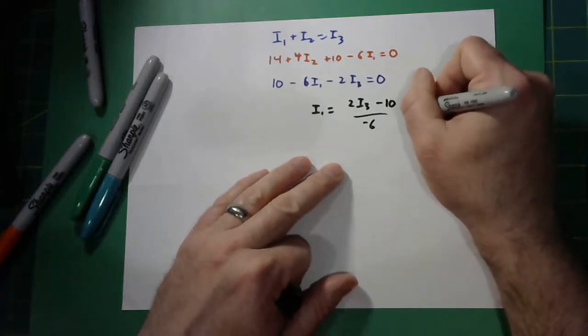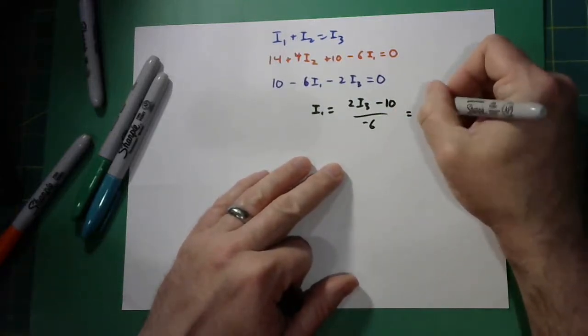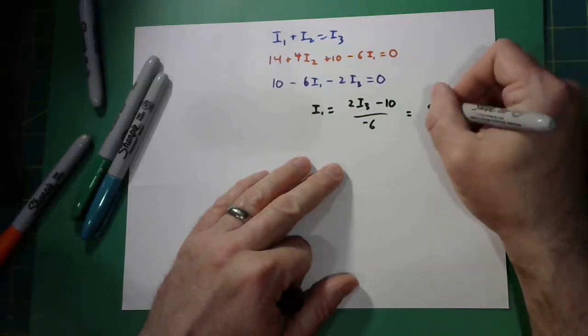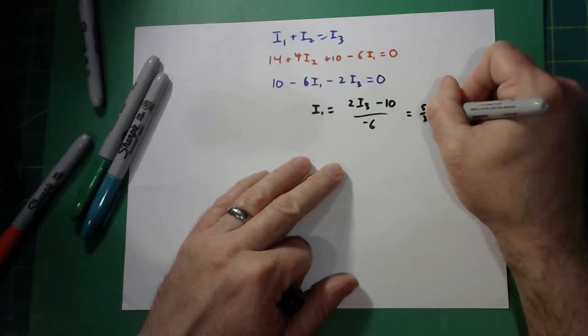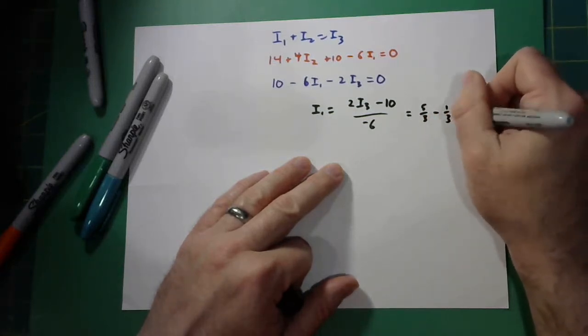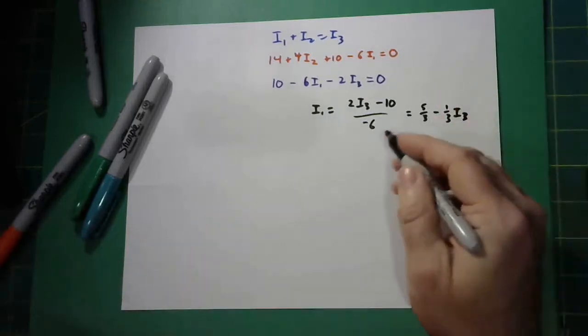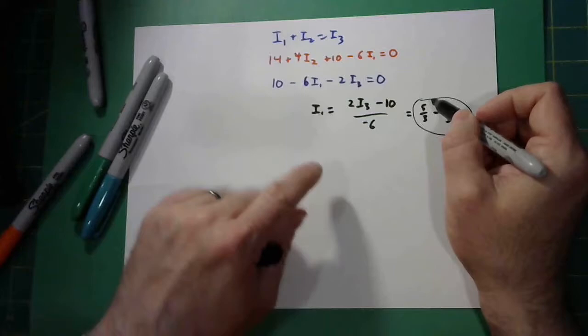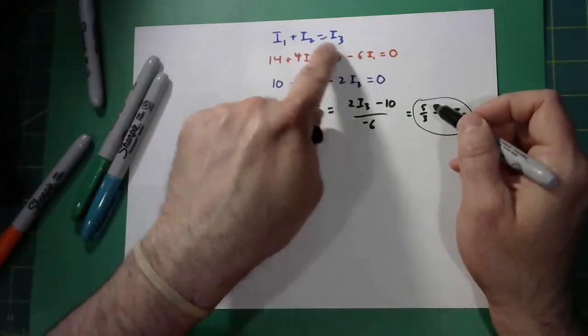I want to make it pretty. What's 10/6 anyway? That's 5/3. So that'll be 5/3 minus 1/3 I3. That is what I1 is equal to. So I could take this and substitute that in wherever I see I1 in the other 2 equations.